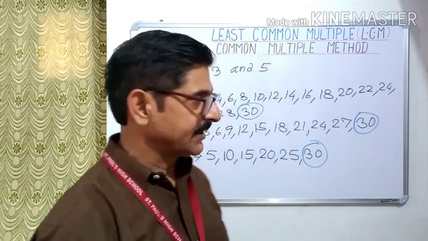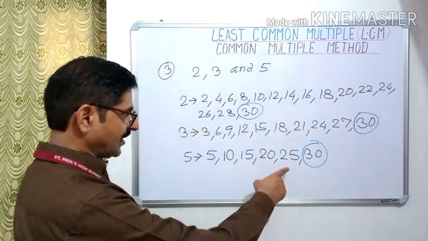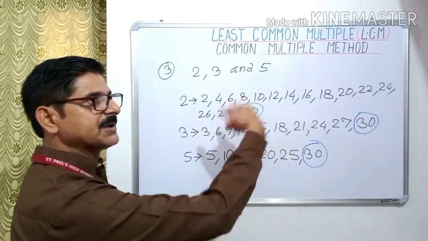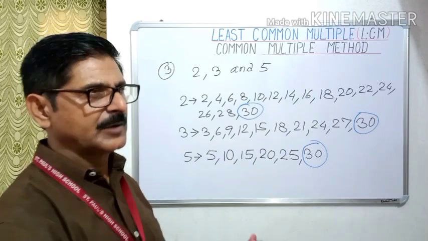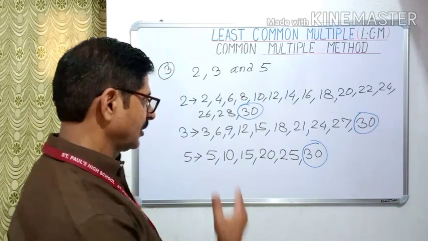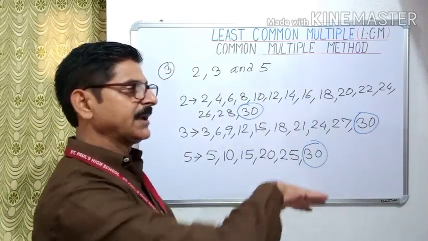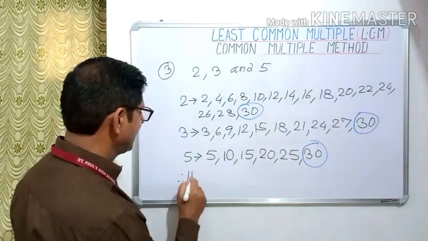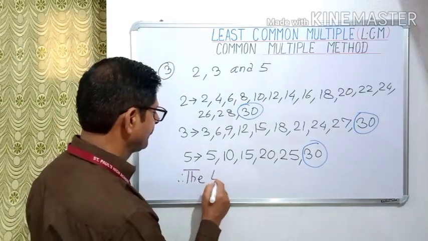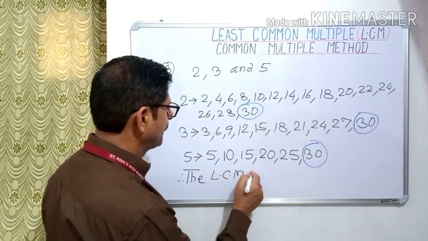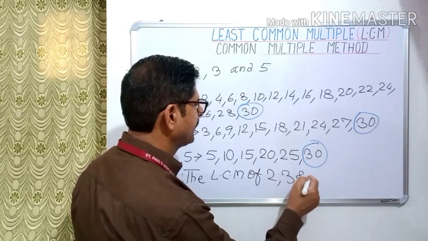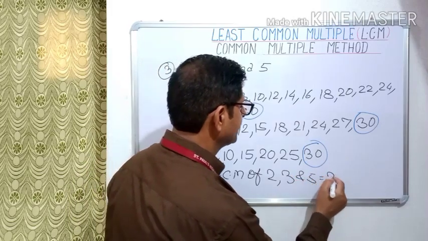Keep an eye on whether the written multiple of the largest number is divisible by the remaining numbers or number, whatever the case may be, or not. If it is, stop there itself and go for the other numbers. The LCM of 2, 3 and 5 is equal to 30.